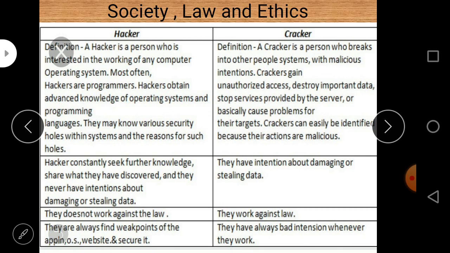They hack data for their knowledge, or seek knowledge, or share what they have discovered. This is the difference between hacker and cracker.